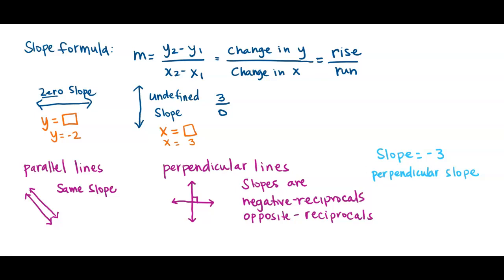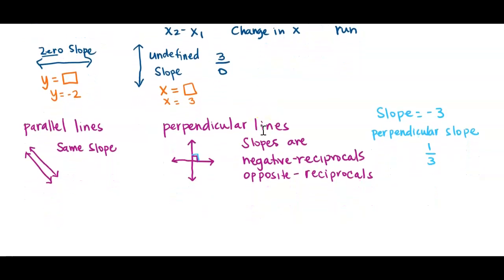That negative just means change it to its opposite. Whichever way sticks best in your brain is what I want you to use. So if we change the sign, it's going to be 3, and then I flip it, it would be 1/3. So if I had a line with a slope of -3 and a line with a slope of 1/3, they would intersect each other so that they meet at 90-degree angles. That's an important thing to keep in mind with parallel and perpendicular lines.